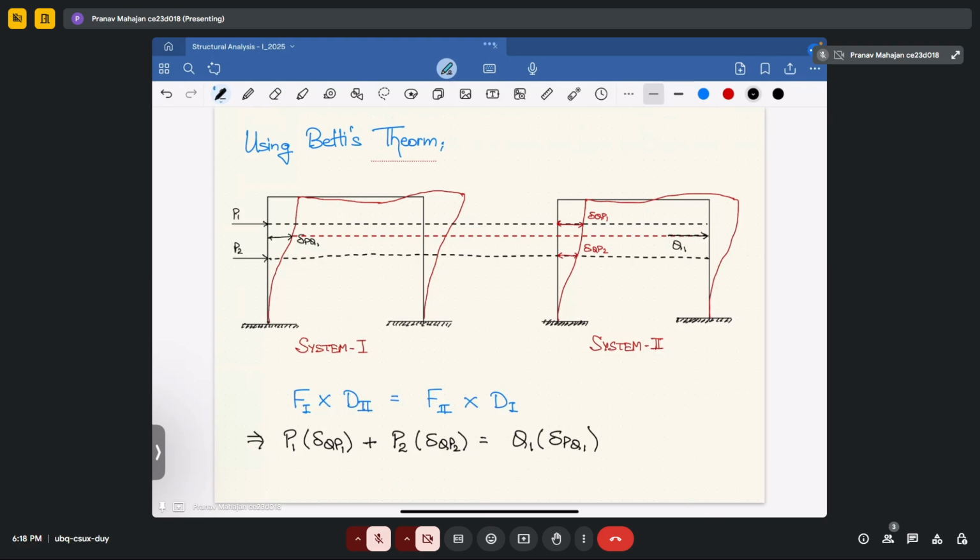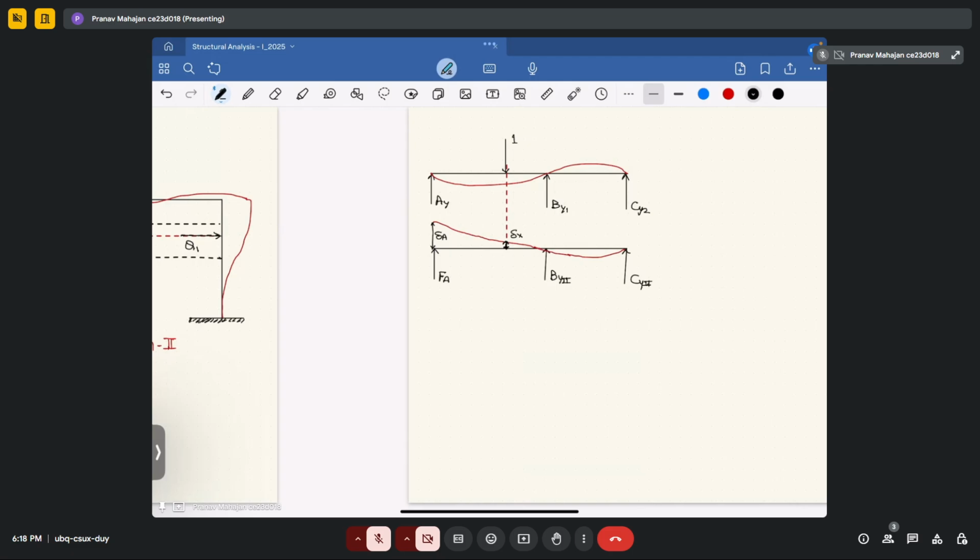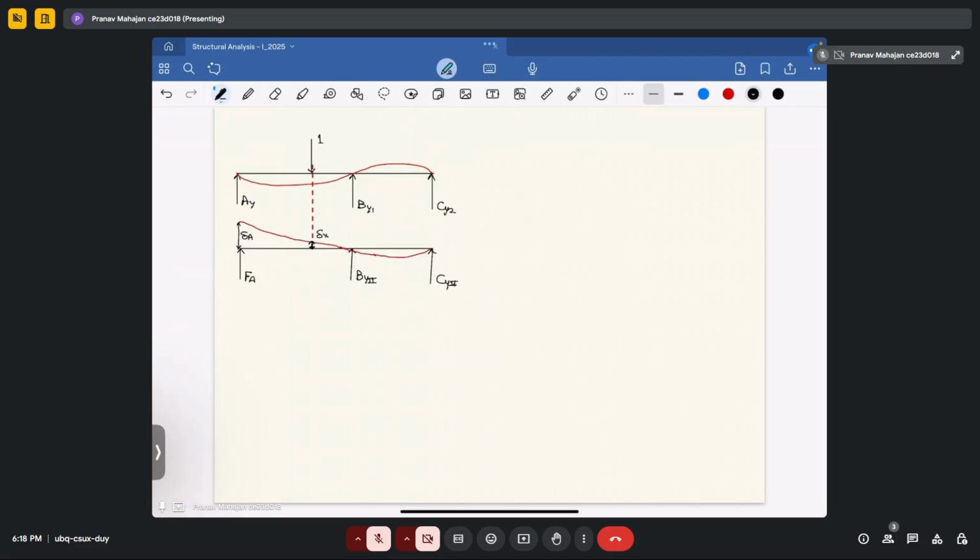Now, talking about how you will be able to determine the deflection profile. Suppose you have a continuous beam in which a point load is acting between support A and B. Due to this point load of 1 unit, you can see the displacement profile in system 1.